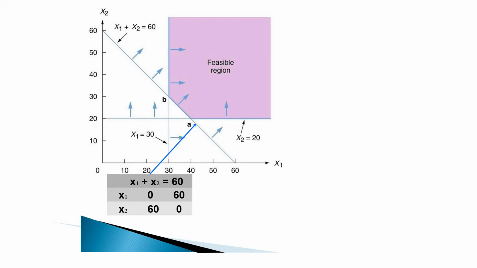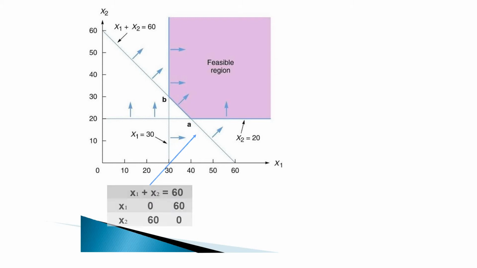Here we have the line passing through 0, 60 and 60, 0 which is the representation of x1 plus x2 equal to 60. As I said, all the constraints are of the type greater than or equal to and hence we need a common region which is away from the origin, and in the figure it is the purple shade.